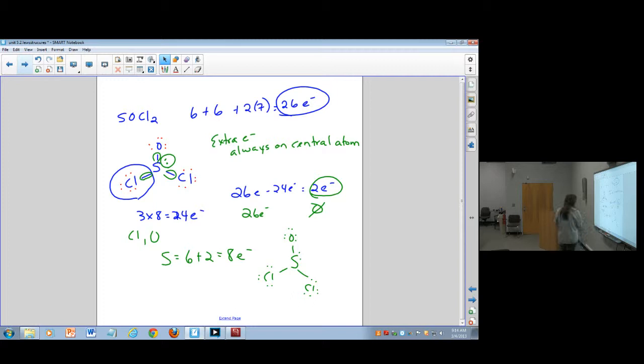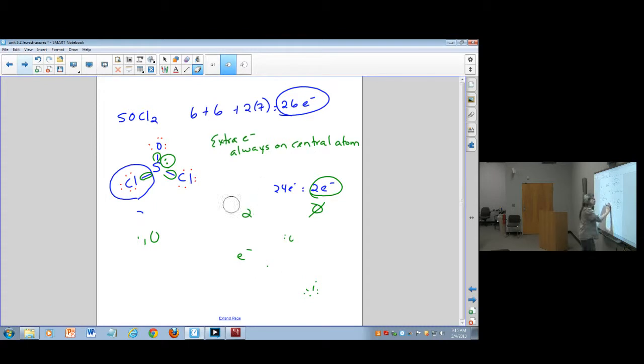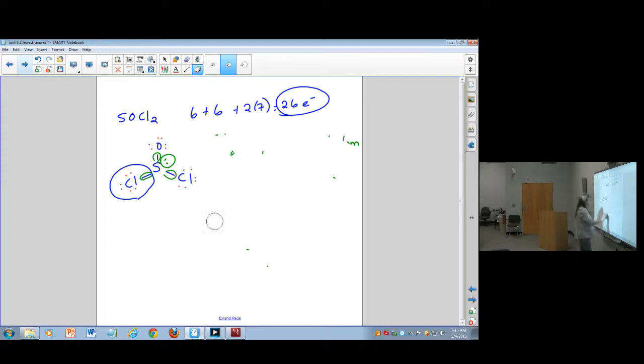I do want to talk for just a second about bonding and non-bonding pairs since I'm here, and I didn't do this earlier. So let's talk for just a minute about non-bonding and bonding pairs. I'm going to redraw this.